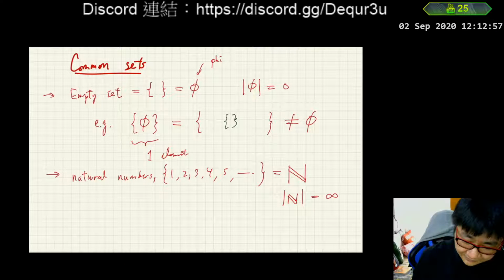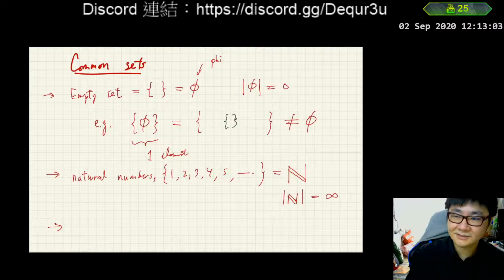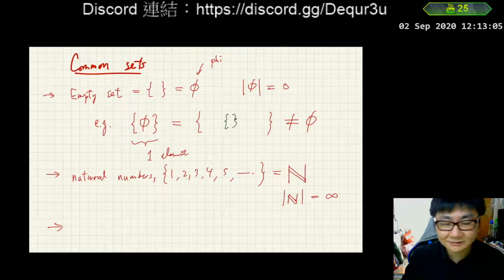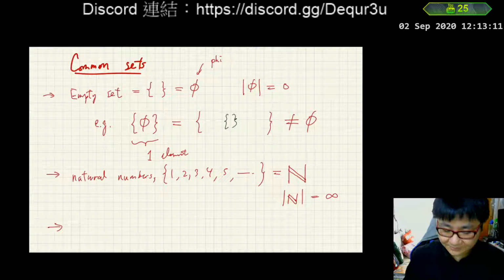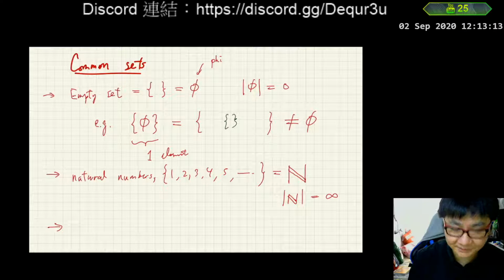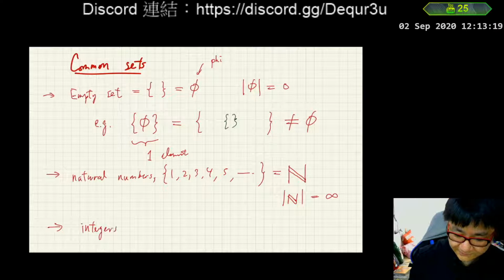And the next one we will talk about comes after natural numbers. For historical reasons, when people trade there will be a gain or a loss. Therefore, to represent loss, they use negative numbers. Together, the natural numbers and the negative numbers form the integers.